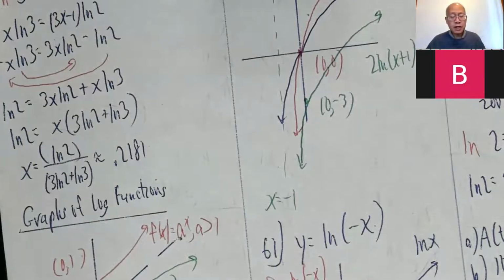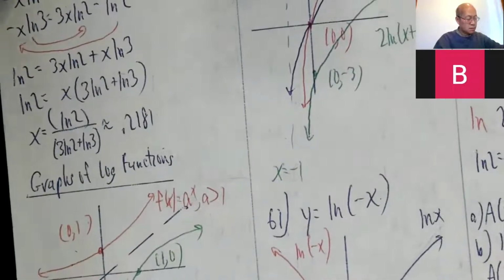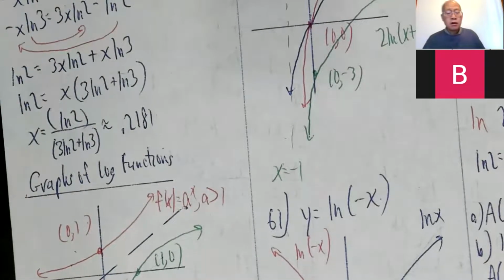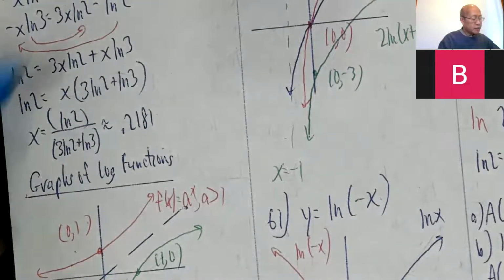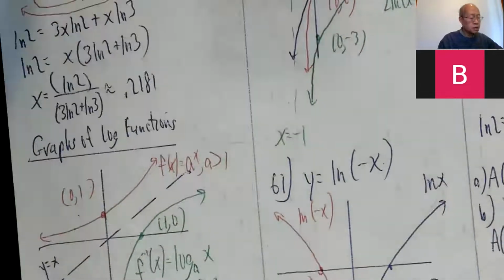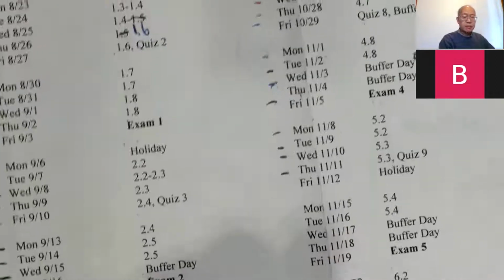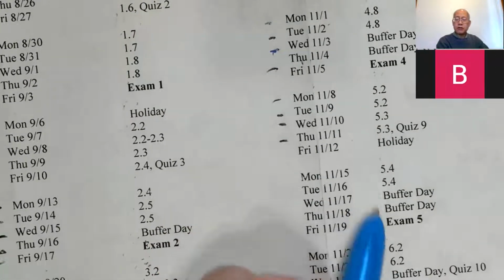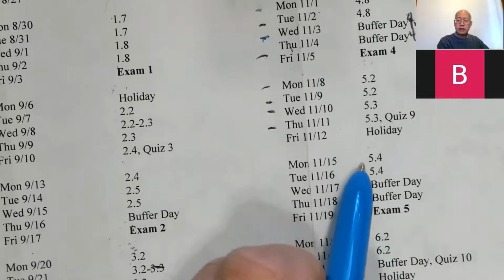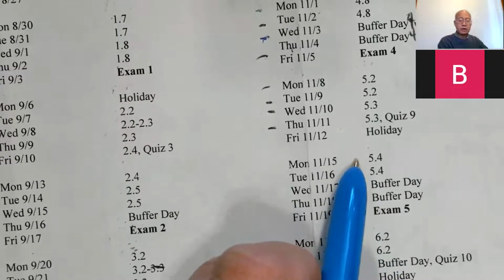All right, so hopefully that will help you with what we have on the quiz. All right, folks, the only other thing I have left are graphs of log functions. I can save that for Monday. I have a little bit of 5.3 and all of 5.4 left next week, so I think it's okay for me to stop here.